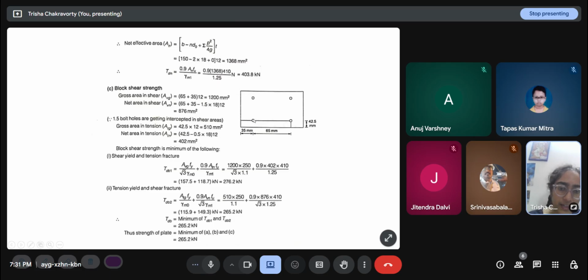This bolt hole has to be entirely subtracted, and half of this bolt hole has to be subtracted, because we assume that the shear occurs at the center of this bolt hole. Even if you approach from the other side, you will end up with the same thing. So 65 plus 35 minus 18 minus 0.5 of 18, so minus 18 minus 9, into 12. That is the net area in shear. 1.5 bolt holes are getting intercepted in the shear area.